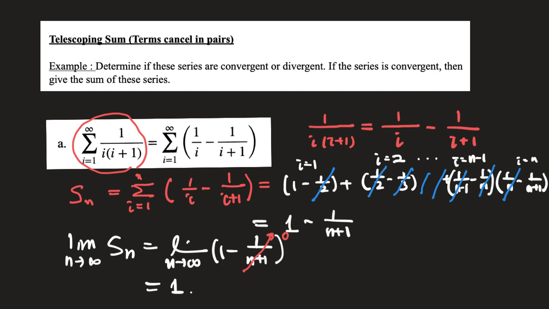So we find the sum of this infinite series. The conclusion is the summation i equal 1 to infinity of 1 over i times (i plus 1) is 1, and this series is convergent. When you see this kind of series, guys, the first thing you expect is that some terms will cancel out between the first term and the last term.